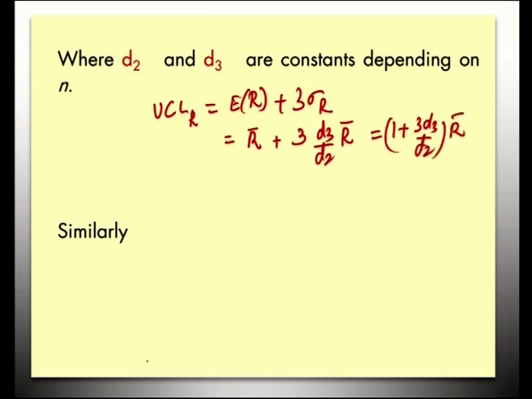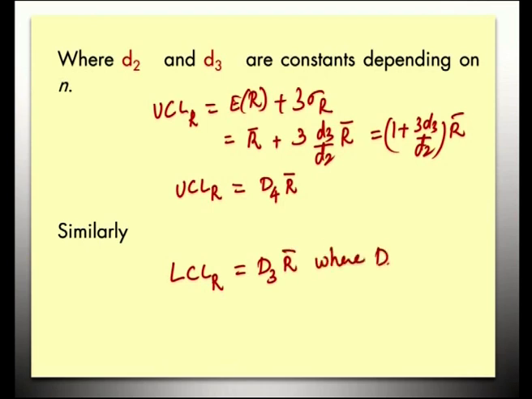Instead of calculating d3 and d2, we will just write UCL of R is equal to capital D4 into R bar. Similarly, LCL of R is D3 into R bar, where capital D3 is equal to 1 minus 3 d3 by d2, and D4 is 1 plus 3 d3 by d2.